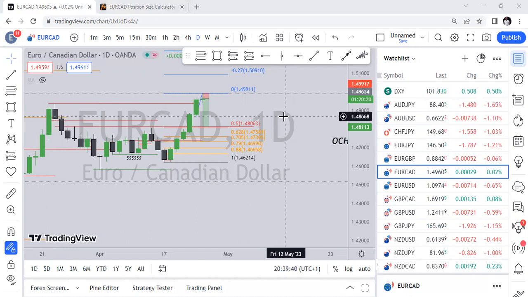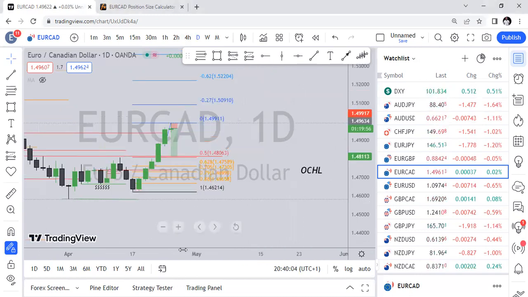Okay, so these are very important behaviors of candlesticks that we want to be able to pick out. When we pick them out like this, they become easier for us to start reading the market.